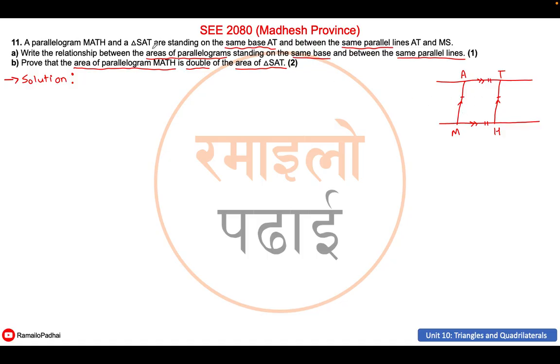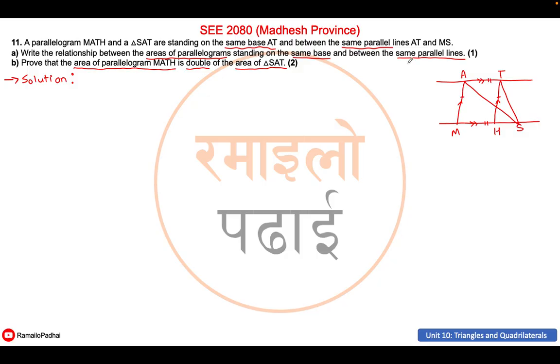And what is said is the same parallel lines AT and MS. So the parallelogram is on MS, so S will be somewhere here, so that triangle SAT will be drawn. Okay, somewhat straight. So this triangle SAT is also drawn.